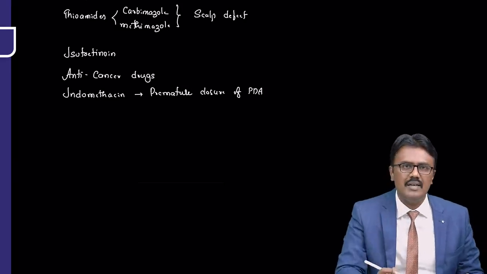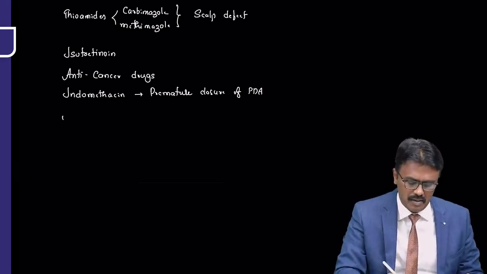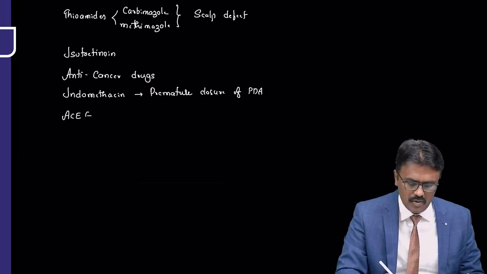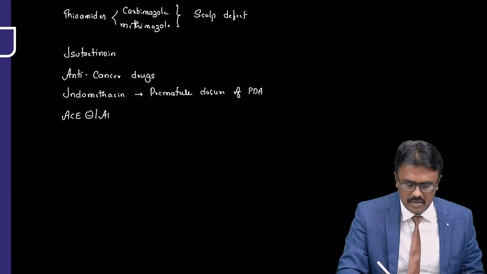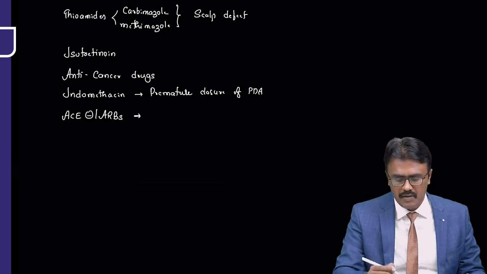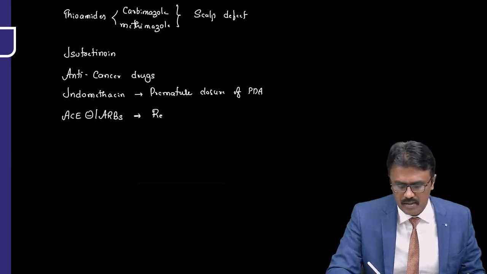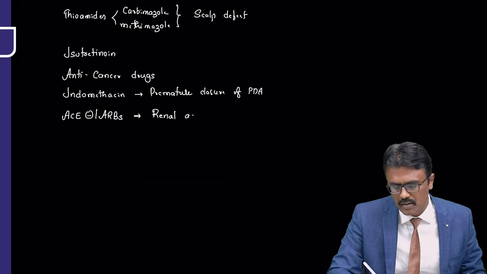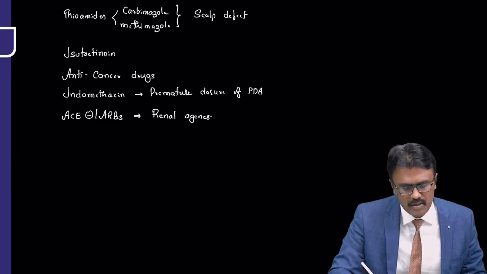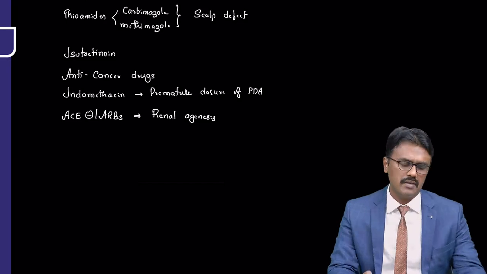One important CVS drug you should remember, the ACE inhibitors or ARBs, angiotensin receptor blockers. They can produce renal agenesis, so they are avoided in pregnancy. Very, very important.